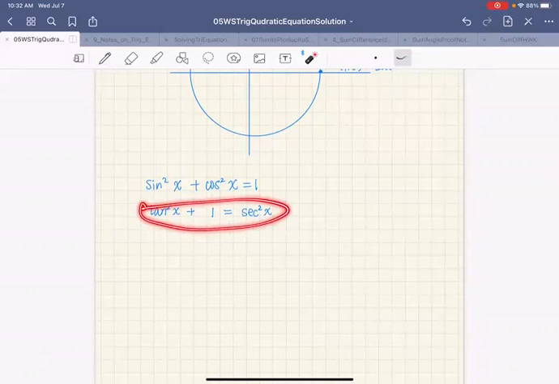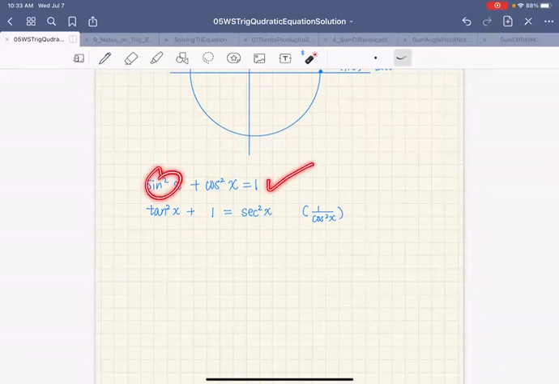This formula, if you divide each term by cosine square, you already know this is true. Now the same thing, divide everybody by sine square x. This term becomes 1.